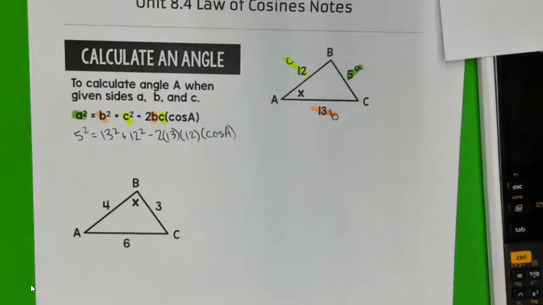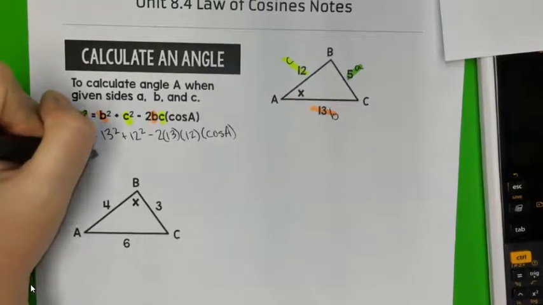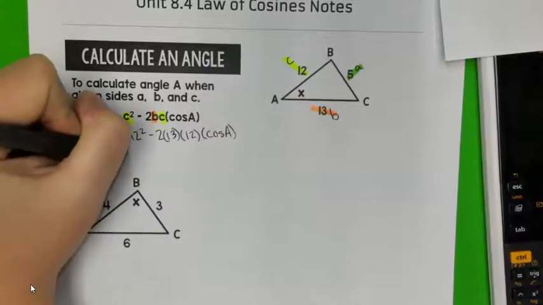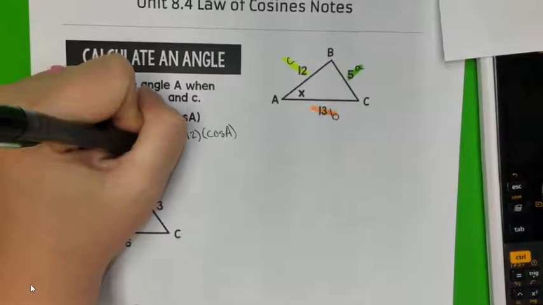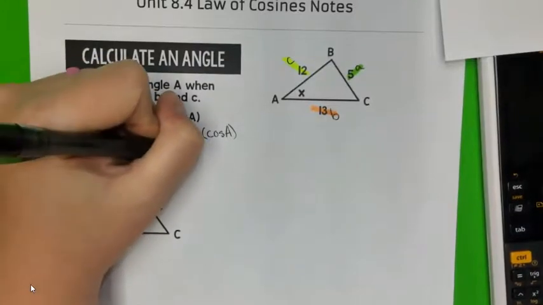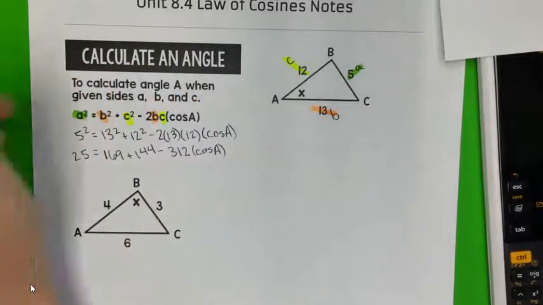Okay. And then this becomes 25, 169, 144. This is 312 times cosine of A.